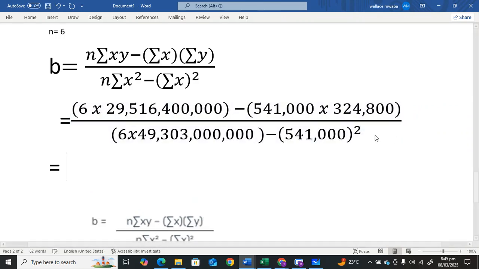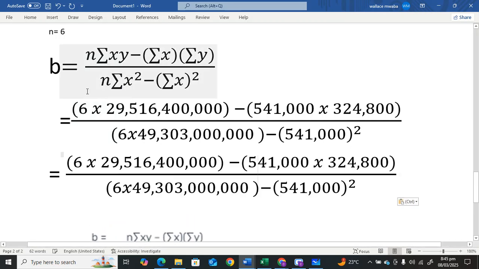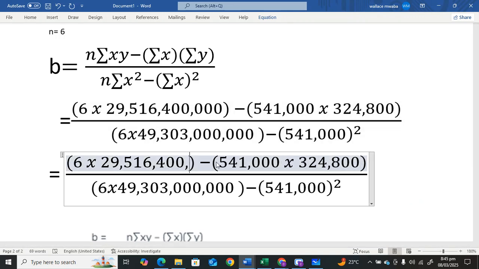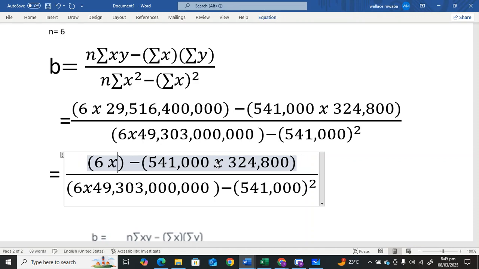Okay, I'm also calculating here, so we'll compare figures. I've multiplied 6 times this 29 billion. Let me just write the figure down. Let's all confirm.